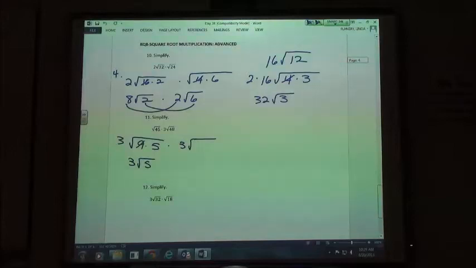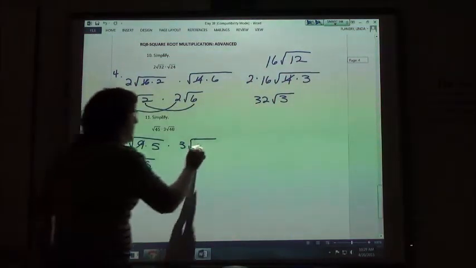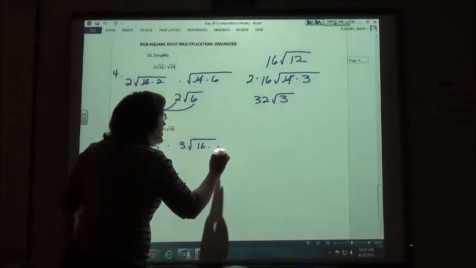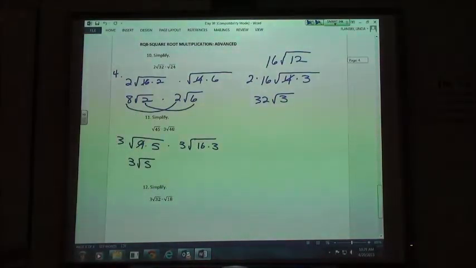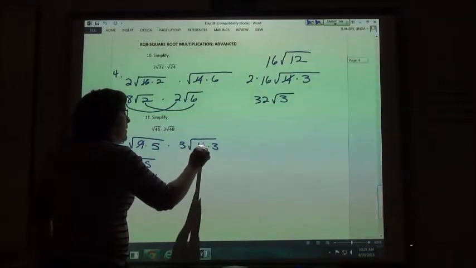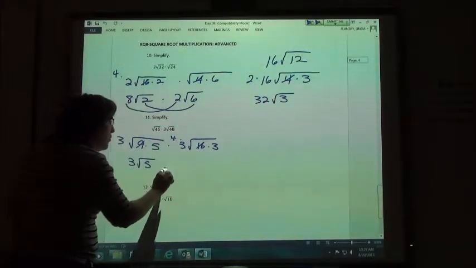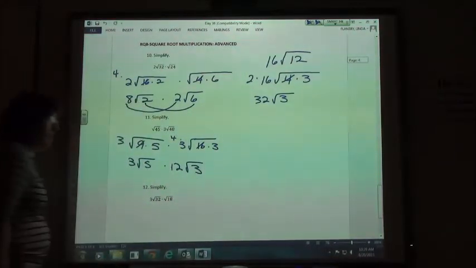Neither of those are perfect squares. Ah, 16 is the biggest perfect square. So 16 times 3 is the pair you'd want to use. So a lot of times if 4 works, check to see if 16 might also work, because you want to use the bigger one, because that makes your life a lot easier. So the square root of 16 is 4. 3 times 4 would give me 12 square root of 3 then, right?